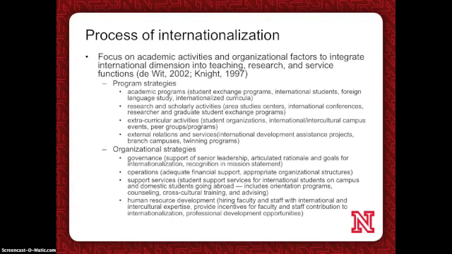According to Knight and DeWitt, the program strategies that should be used are separated into 4 groups. They are academic programs, research and scholarly activities, extracurricular activities, and external relations and services. The organizational strategies are also separated into 4 groups. Those are governance, operations, support services, and human resource development.